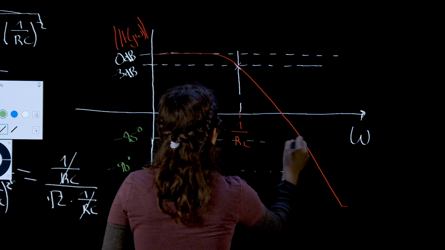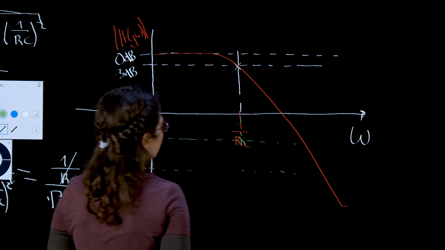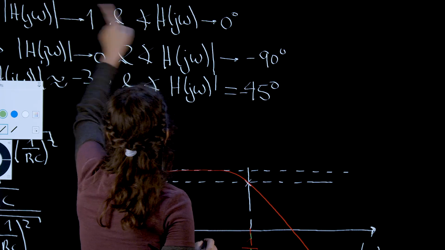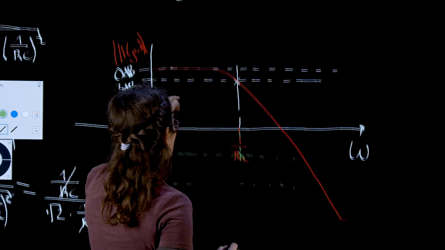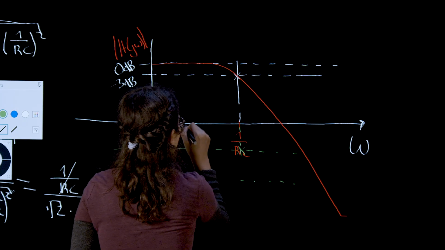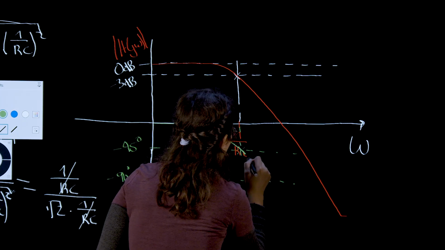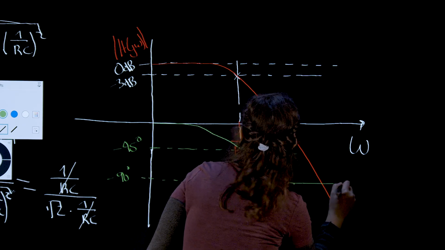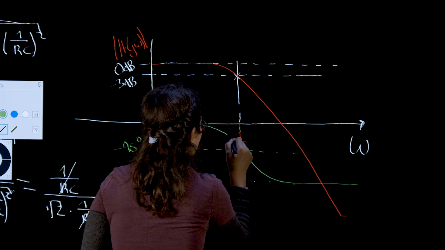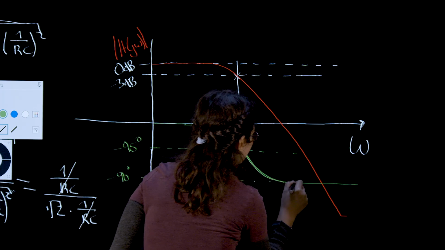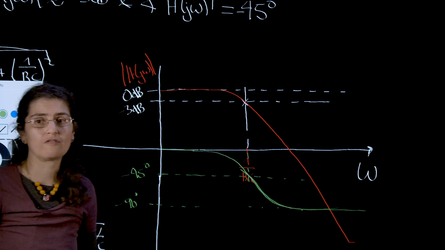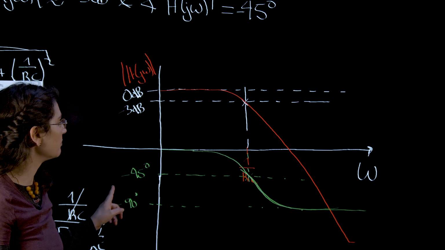We know that at our special frequency, our phase is minus 45 degrees. Below that it is 0, and above that it tends to minus 90 degrees. So my phase will look like this. Actually, not that much, more like this. That would be the phase of my output relative to the input.